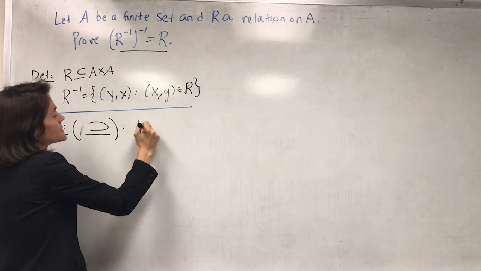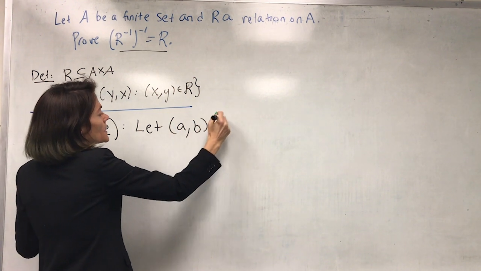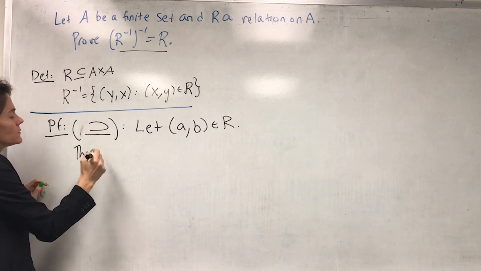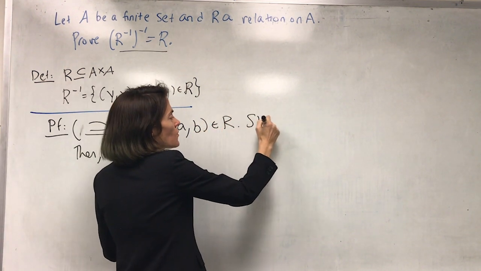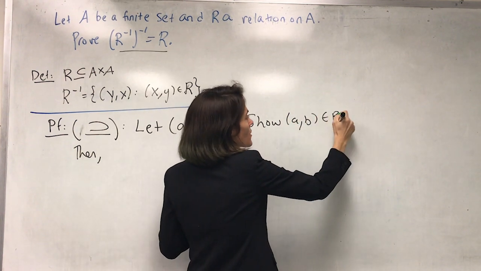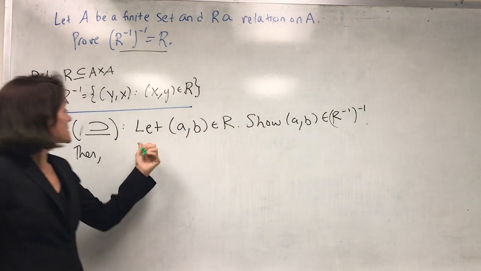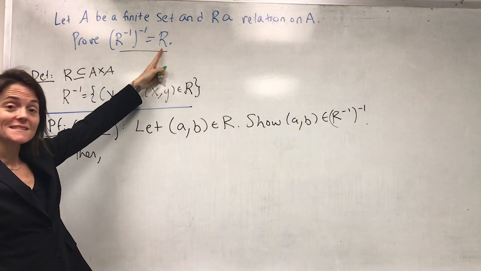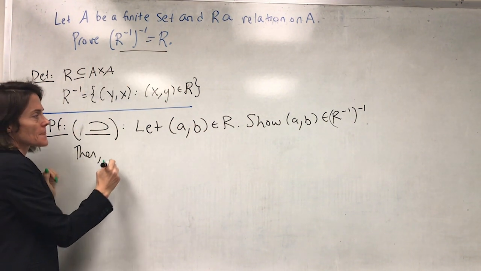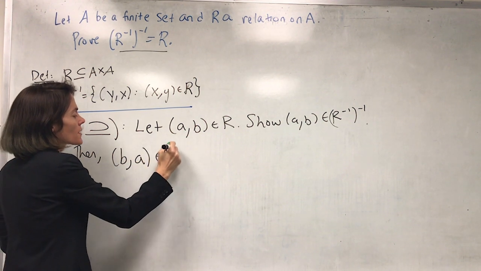So let's say (a, b) is in R. What do we want to show? (a, b) is in R inverse. This is showing the subset this direction. We start with something here, show it's in here. Then (b, a) is in R inverse.